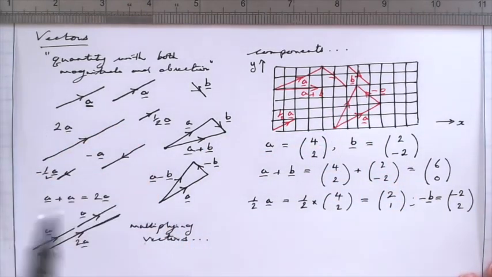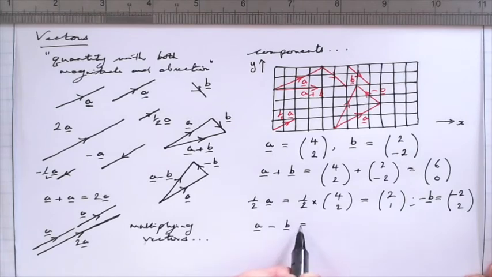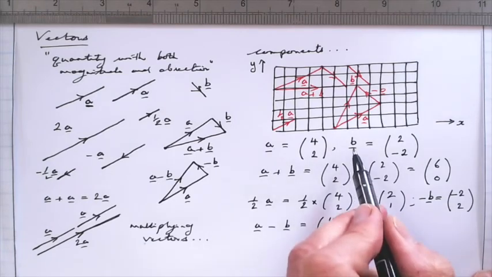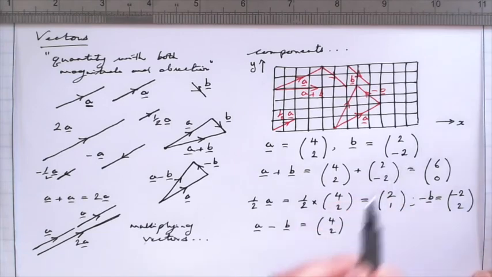and we can just work that out. A take away B is the vector A, 4, 2. Let's actually add the vector negative B. We could equally just say minus 2, negative 2, but let me just add the vector negative B here.